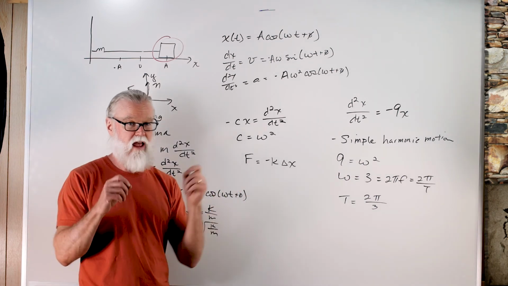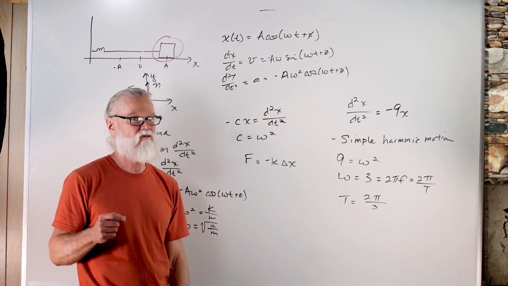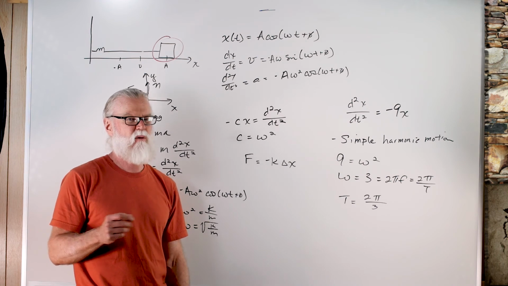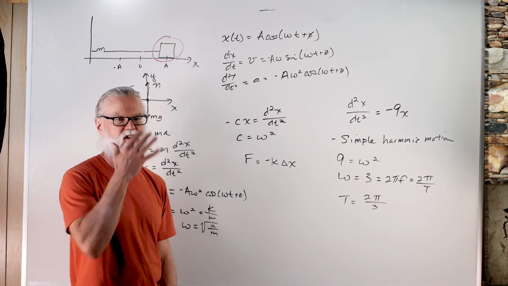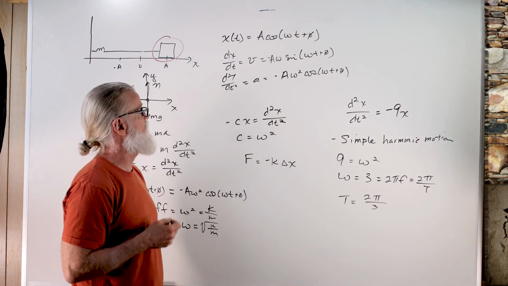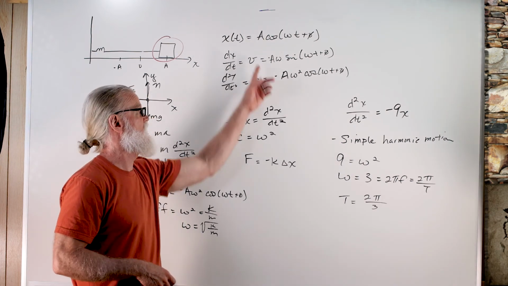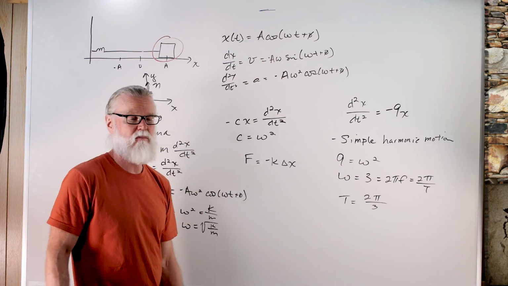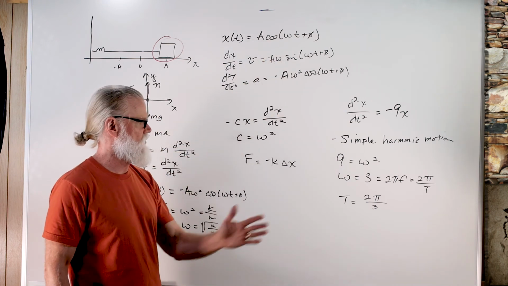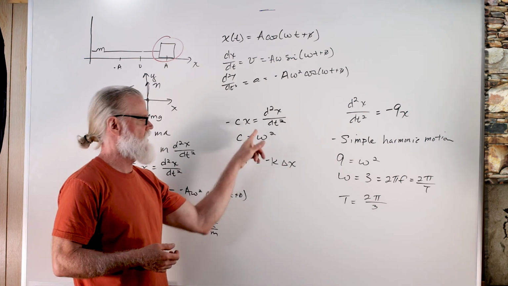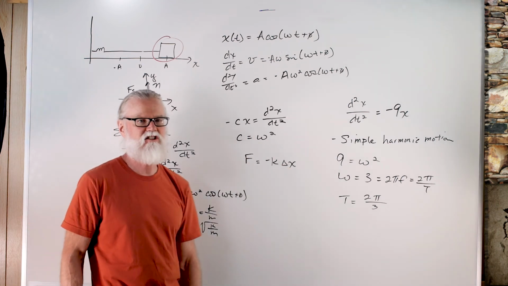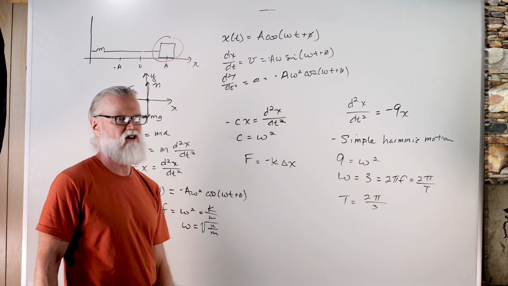Anytime we have a linear restoring force and we disturb that thing from its equilibrium position and release it, it will go into simple harmonic motion. It will be sinusoidal, and it can be described with the equation of motion. That is a general relationship.